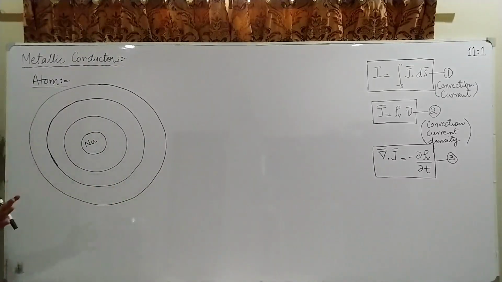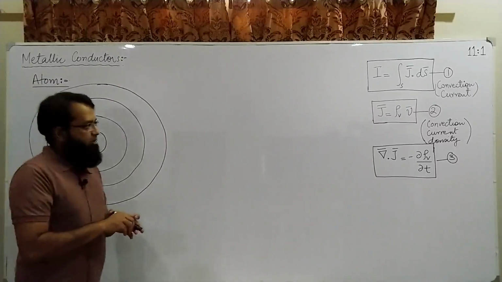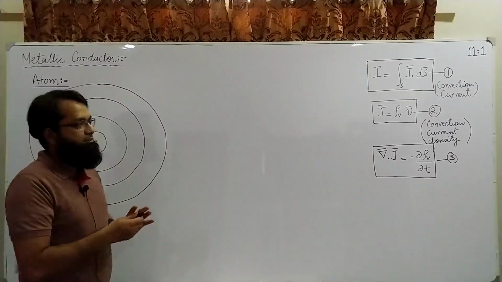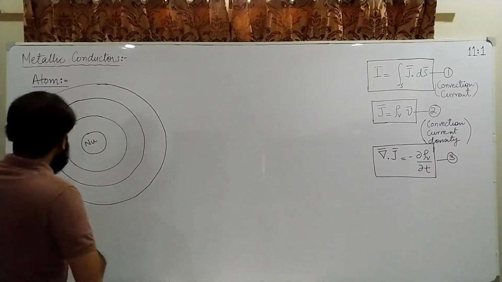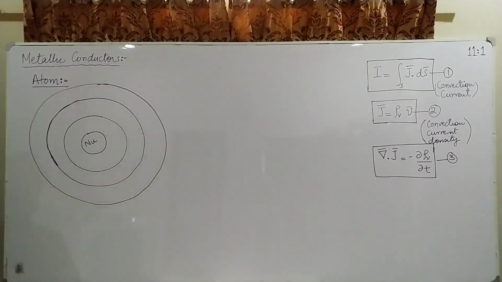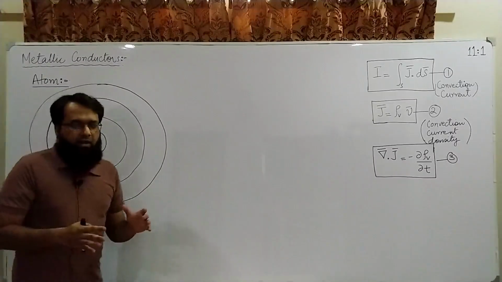This is not a physics or chemistry class, so I'm not going to give you the whole picture of what an atom is and how it is modeled, but the key points. The atoms are based on Bohr's atomic model.